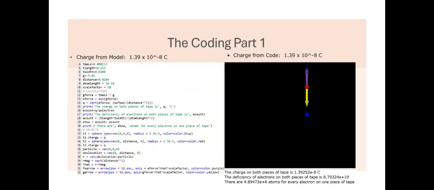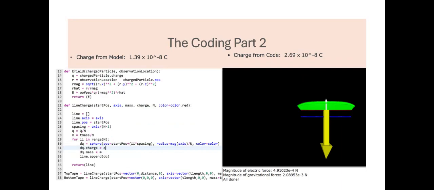I found that was the same as what I had, which was 1.39252 times 10 to the negative 8 coulombs. Both of the pieces of tape in the result to the right are modeled by dots as they are point charges. The purple arrow pointing up is the electrical force, and the yellow arrow pointing down is the gravitational force.